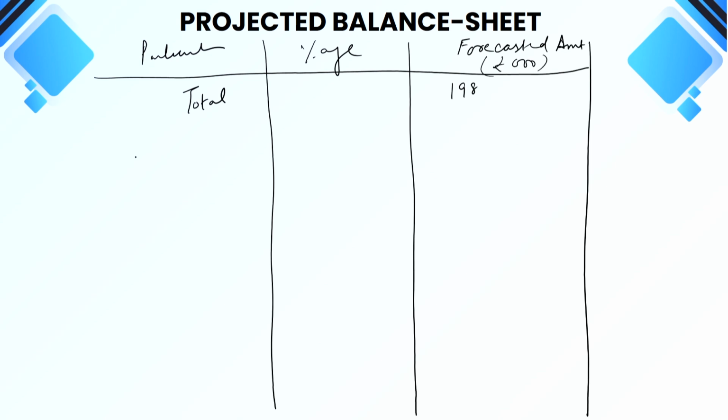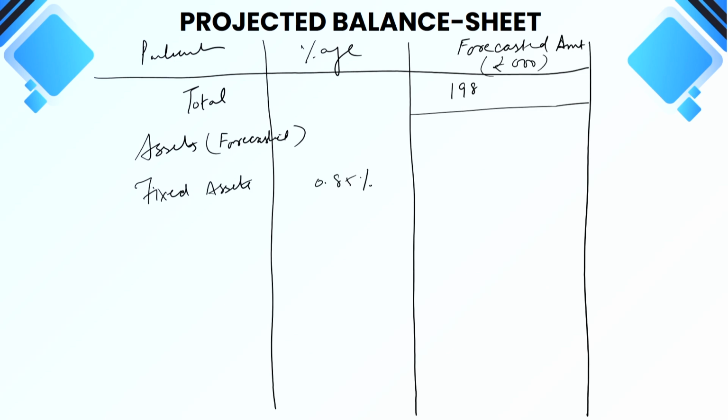Now we go for the forecasting of the assets. The first asset is non-current asset, which is the fixed assets, and its percentage was 0.85%.